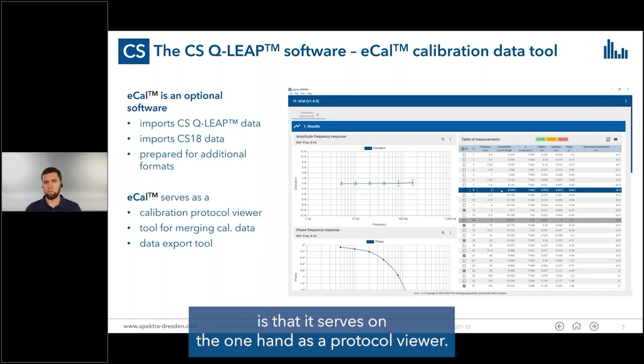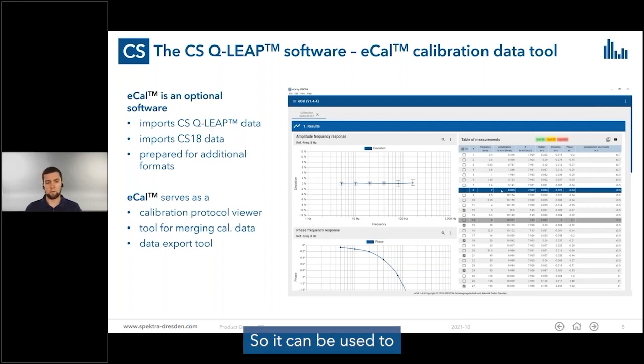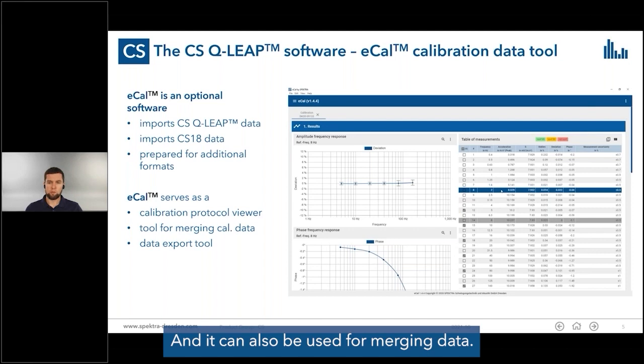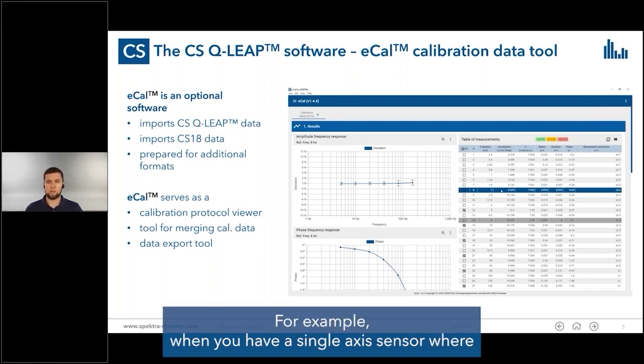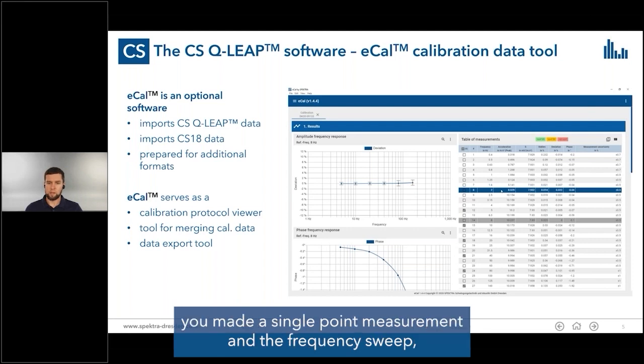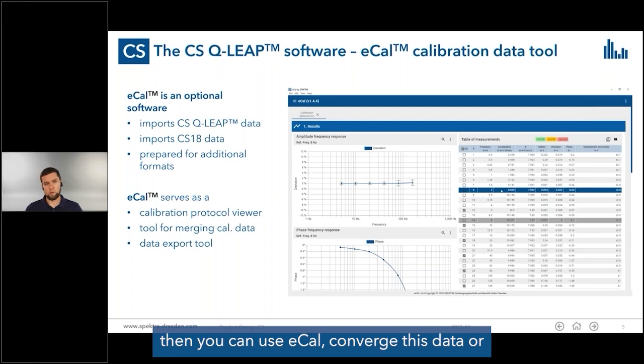The task of eCal is that it serves on the one hand as a protocol viewer, so it can be used to visualize your data and to check the calibration results. It can also be used for merging data. For example, when you have a single axis sensor where you made a single point measurement and the frequency sweep, then you can use eCal to merge these data.